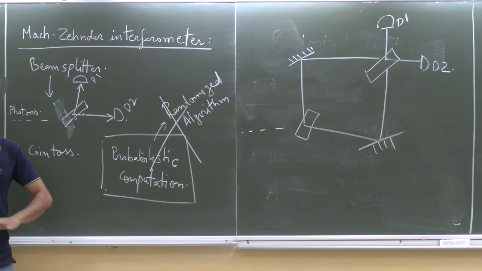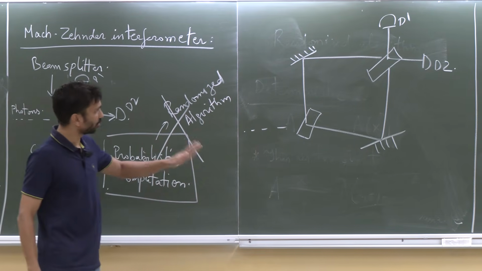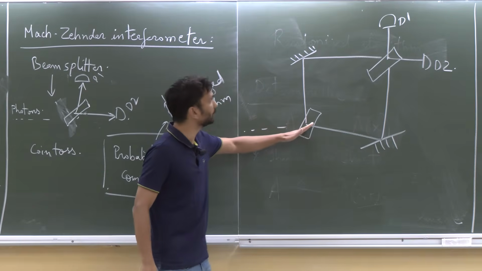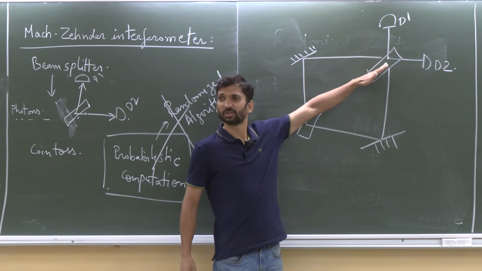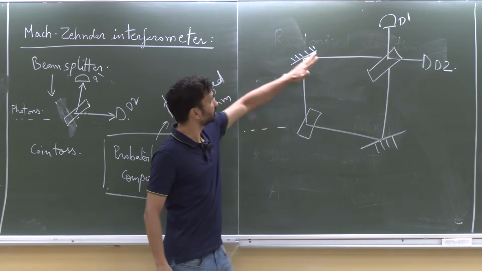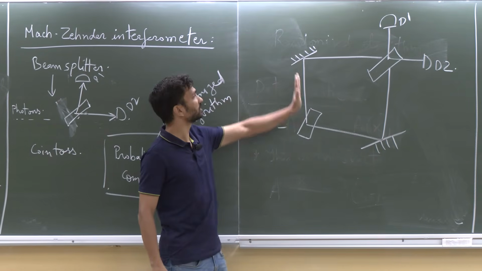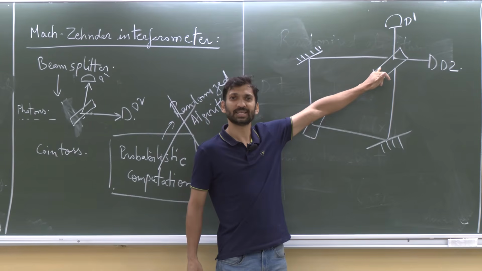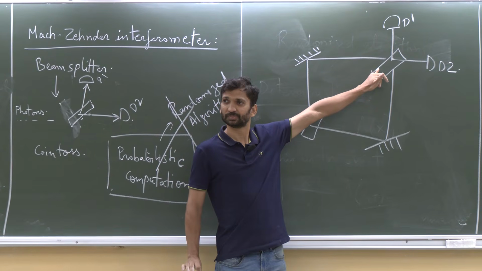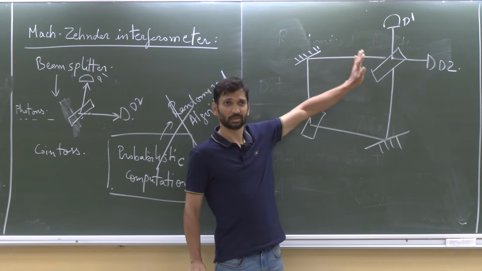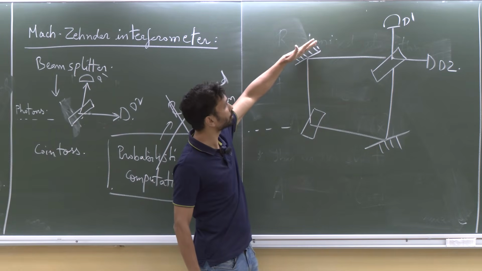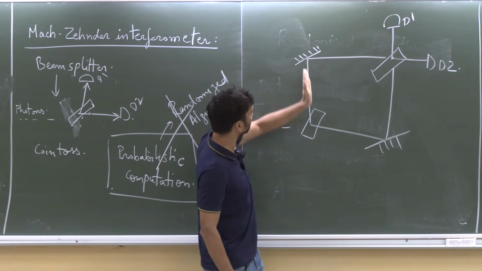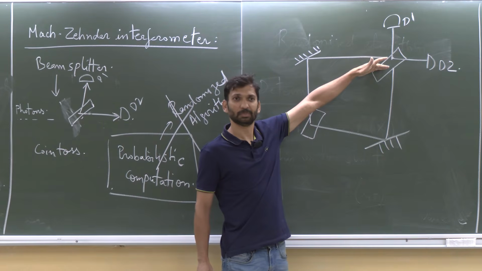It's not a lot more difficult. What I have done is, instead of placing one beam splitter, I have placed two. This mirror, don't get confused, it is just to make sure that light again goes back to the same beam splitter.